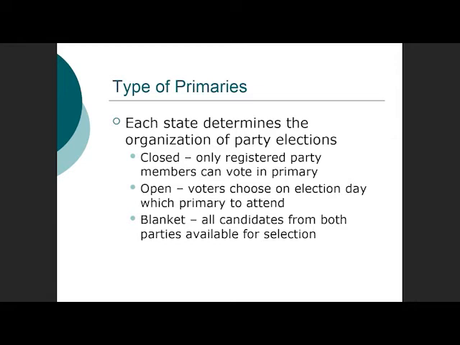In most states, you will have filled out your voter registration card, and you will have checked a box on there saying which party you identify with. When you show up to a primary in that state, they're going to look at that card and say, oh, you checked on here that you're a Republican. Here's your Republican primary ballot. Go vote in the Republican primary. So the choice you made earlier determines what primary you're going to vote in.